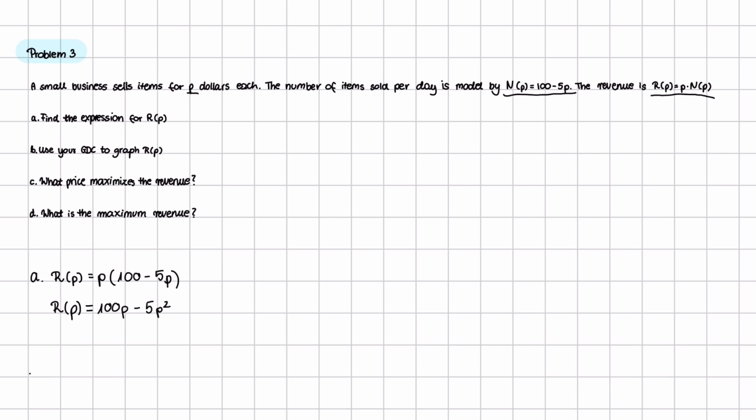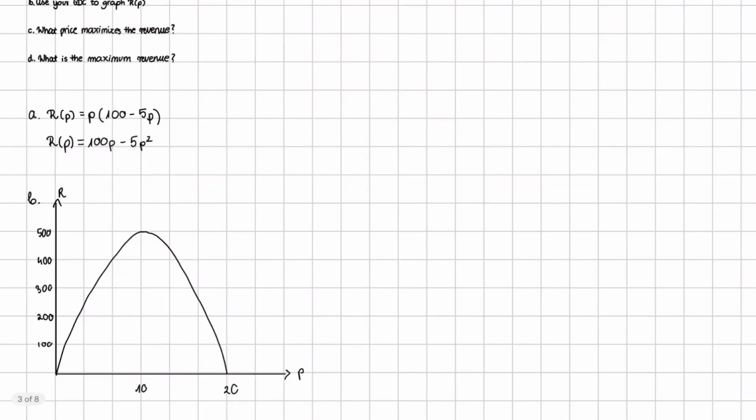And in B, we have to use our GDC to graph R, so we have to type our function into our GDC and then draw it on the paper. So this is our graph. And C, what price maximizes the revenue. Maybe you already know it because when you were graphing this function, you may remember where our vertex is.